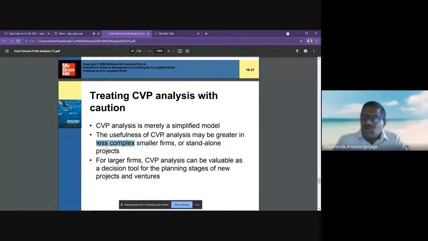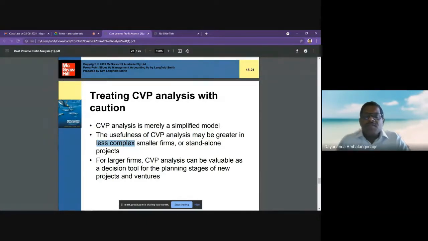I think those kinds of things suit very standalone projects and small firms, where complex matters are not important and the interaction with the outside environment is not that open, where your business is much more closed. Then this CVP analysis is useful.